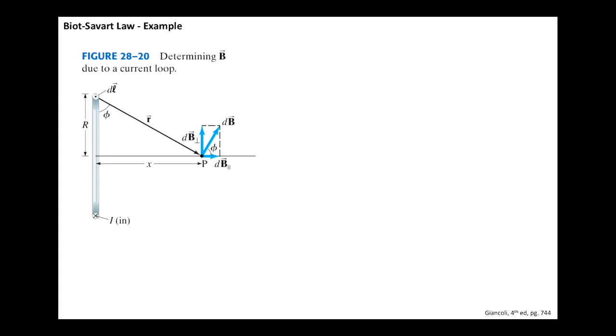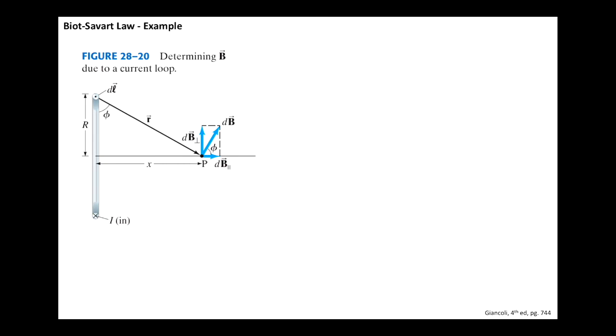What if you want to find the magnetic field at all locations around this particular current loop? Clearly the calculations are going to get quite severe as soon as I want to find it at 2, 3, 4, 5 points. If I want to find it anywhere, everywhere, well, we might be here for the rest of our lives, and I don't think we want to do that. We would incorporate some computers at some point, okay? So we're only trying to find the magnetic field at this one point.